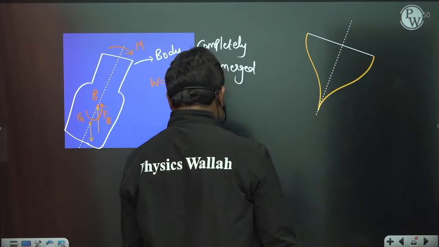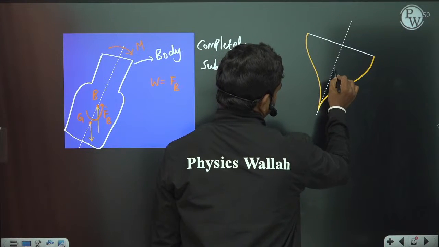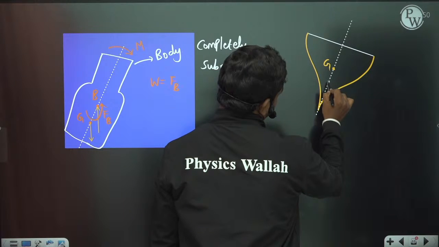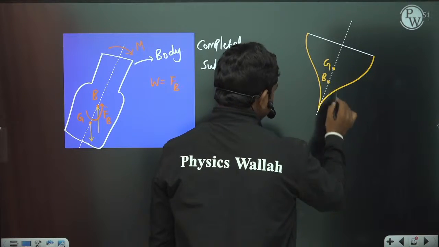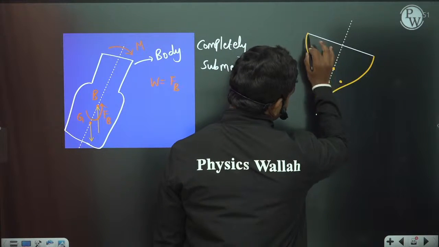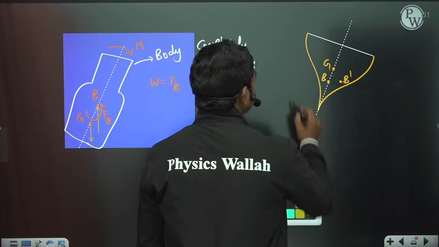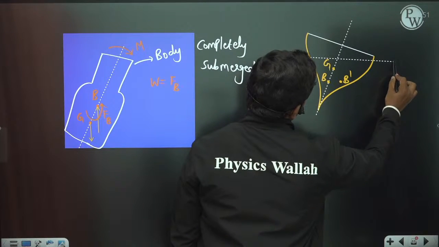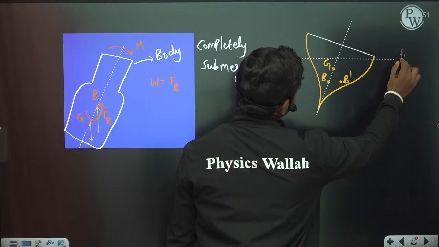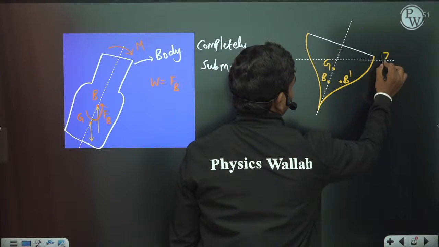So if this is the body axis, then this centroid can be here, the center of buoyancy can be here, basically this is B in the straight location. Now the center of buoyancy will shift somewhere here, because some excess volume is getting submerged like this. And let us suppose the free water surface is somewhere here.